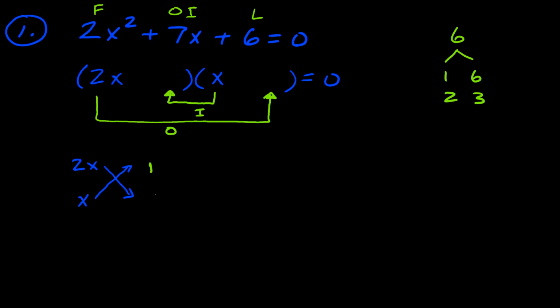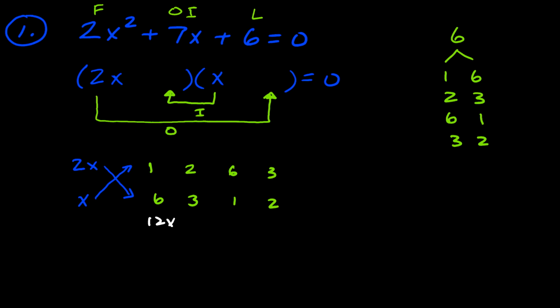We saw it could be 1 and 6, 2 and 3, but wait, since the 2x is going to be multiplying one of the terms, we're going to have to look at the different order of 6 and 1 and 3 and 2. When we do that, and we take that 2x and we multiply it across to the 6, it could have been 12x.